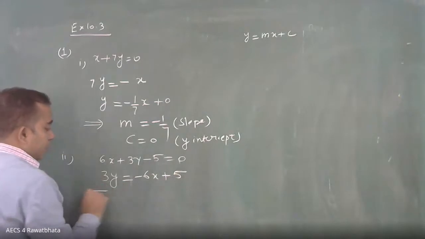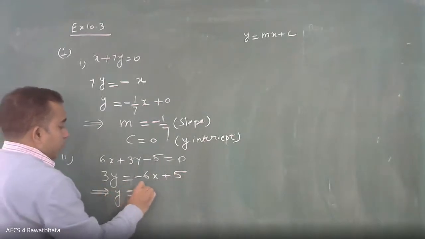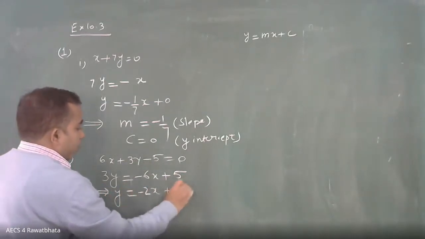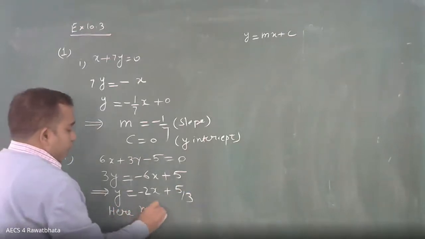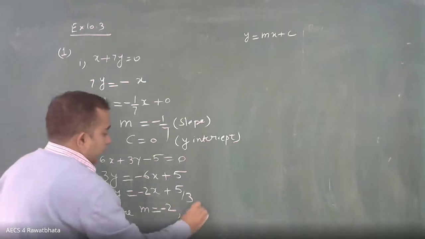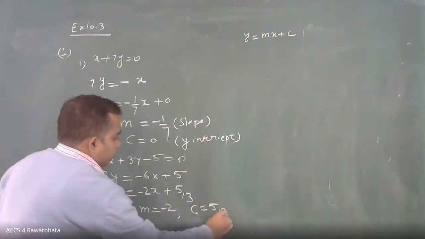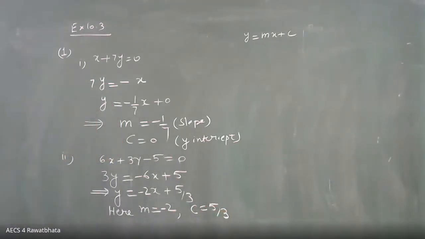Divide by 3, and this will become minus 2x plus 5 upon 3. So if you compare, m will be minus 2 and c will be 5 upon 3. So the slope is minus 2 and the y-intercept is 5 upon 3.